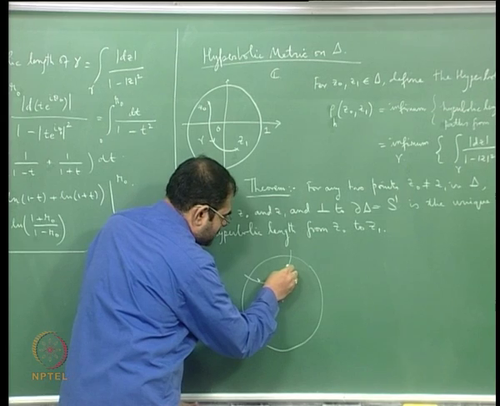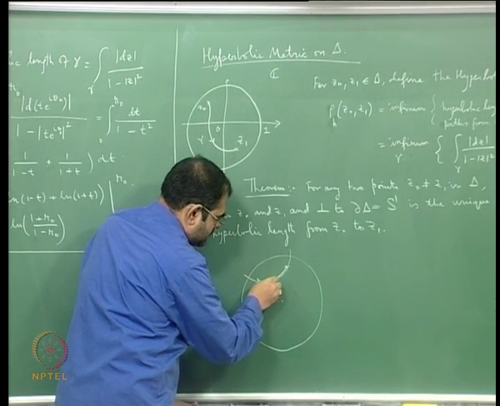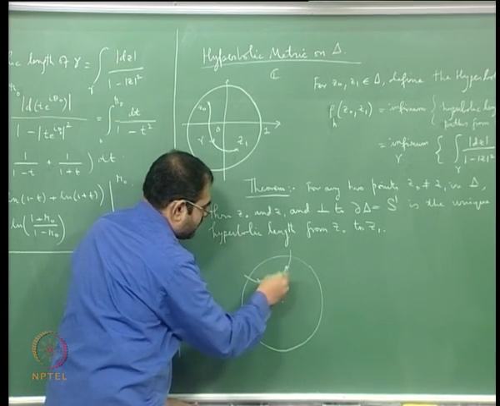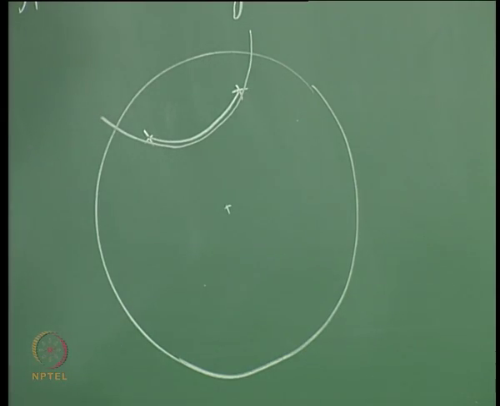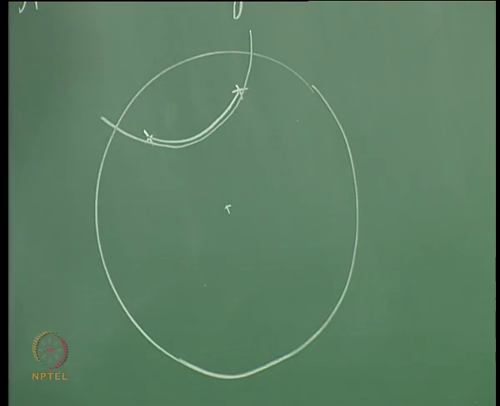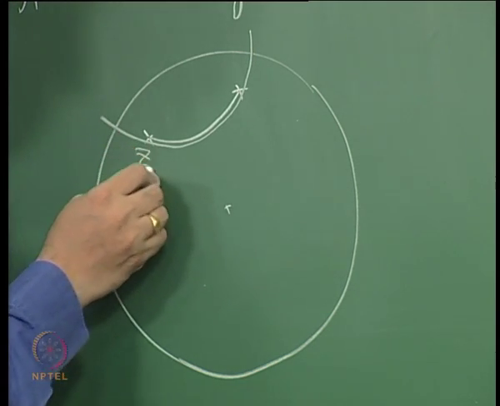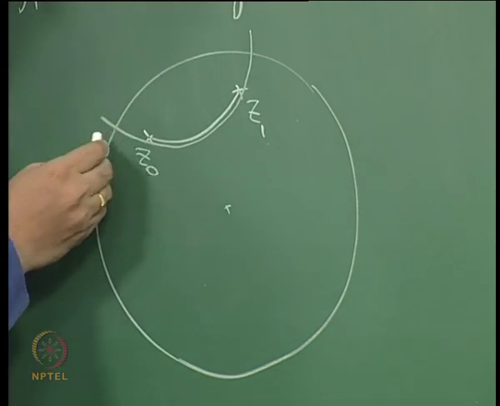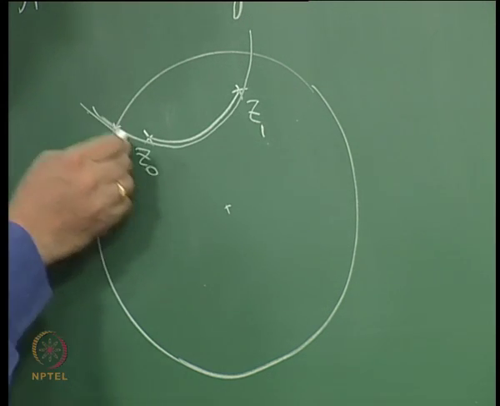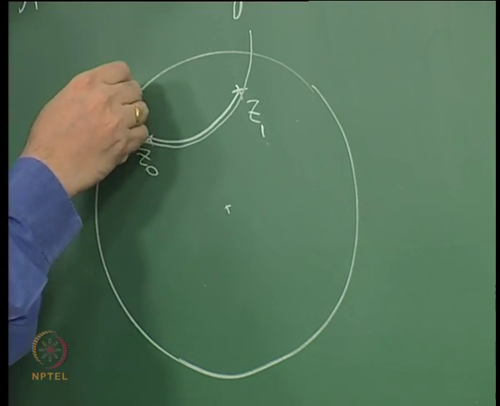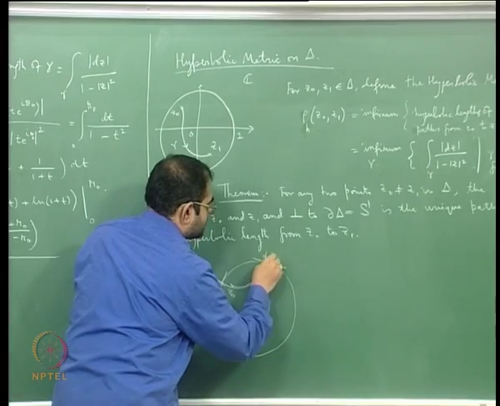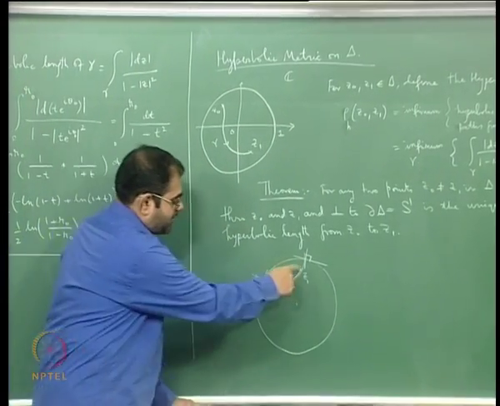This will be the geodesic from here to here, because this is the circle which passes through these 2 points and which hits the unit circle at 90 degrees. So this is Z0, this is Z1, and at this point, if I draw the tangent to this circle and the unit circle, this will be 90 degrees. Similarly here, if I draw the tangents, this will be another 90 degrees. So this will be the hyperbolic path.